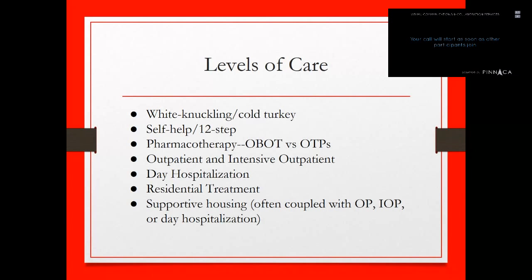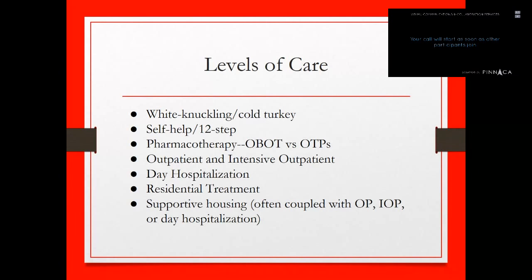In addition to the pharmacotherapy piece, there is outpatient treatment that's essentially stratified into outpatient and intensive outpatient. These are essentially insurance designations as well as designations in the ASAM levels of care: outpatient is anything less than 9 hours of group and individual counseling a week, and intensive outpatient is 9 hours or more of group and individual outpatient counseling per week.